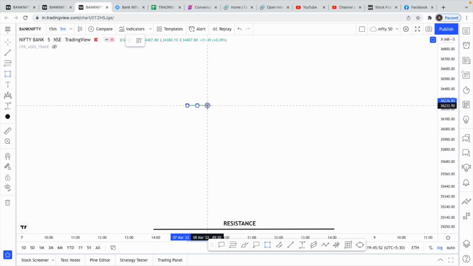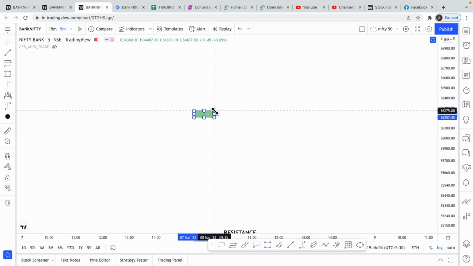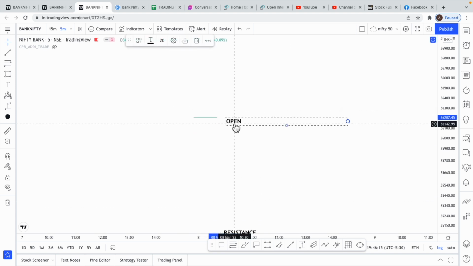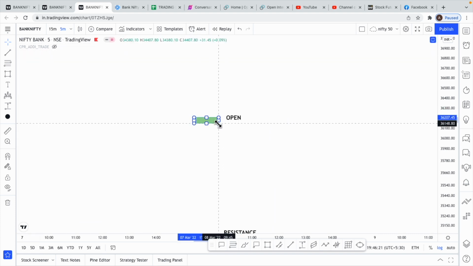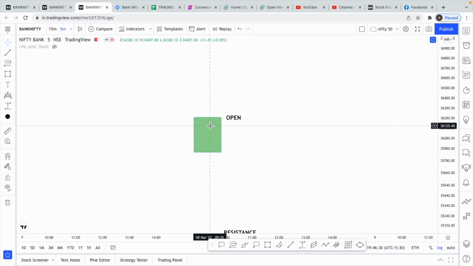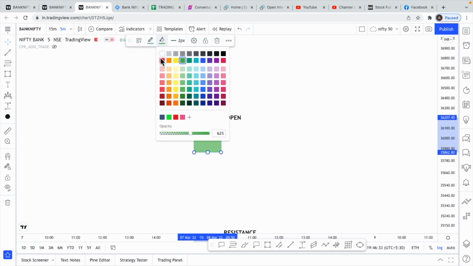Say at 36,200 the candle opens, so we mark this as the open of the candle. As soon as the candle opened, it went down. When the price is on the downside, you will see a red candle being formed.